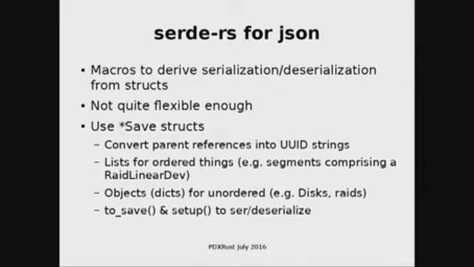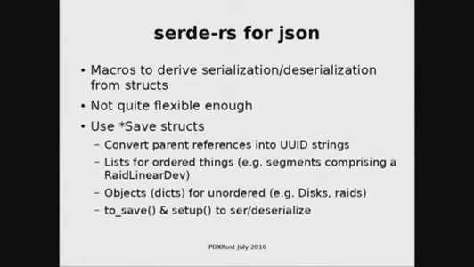So now we come to the first awesome Rust library that Froyo makes heavy use of, which is Serde. Serde has macros that you can just say, like, you're defining a struct and you just say, derive serialize, derive deserialize, and then it does it from there.